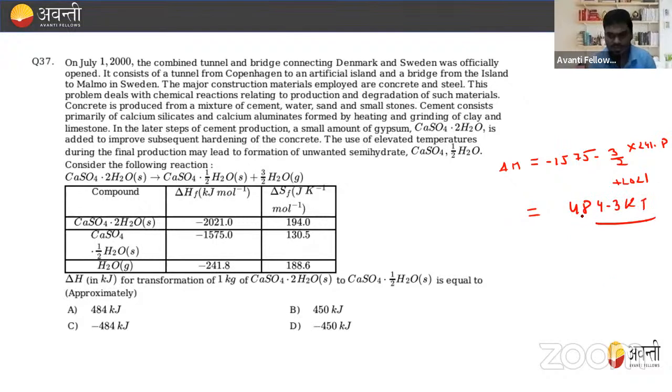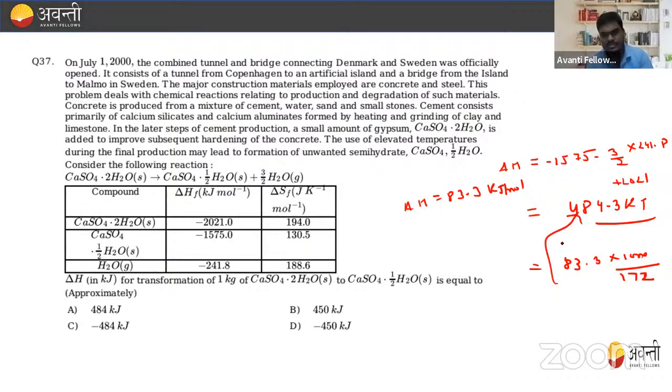Because per kilogram, this delta H comes out to be 83.3 kilojoule per mole. Now per kilogram, you just multiply 83.3 by 1000 and divide by 172. So you'll get this. So for this, you have to calculate this question: delta H in the transformation of 1 kg of calcium sulfate dihydrate to this.